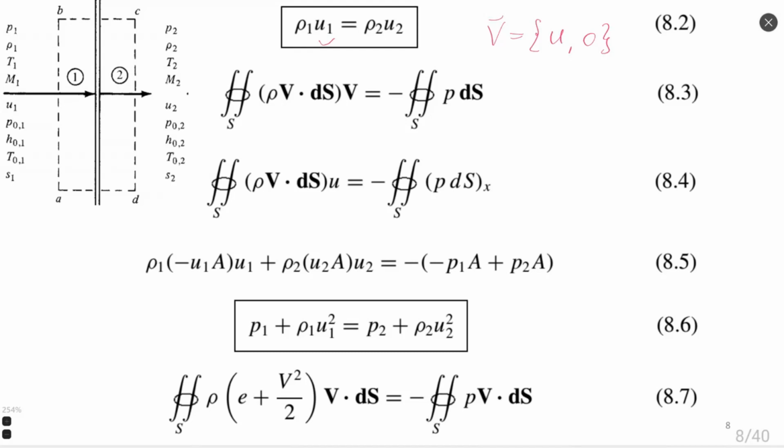Now we can see the momentum equation written in a similar form. The momentum equation is represented in equation 8.3. Here it can also be simplified. It's already in stationary form.